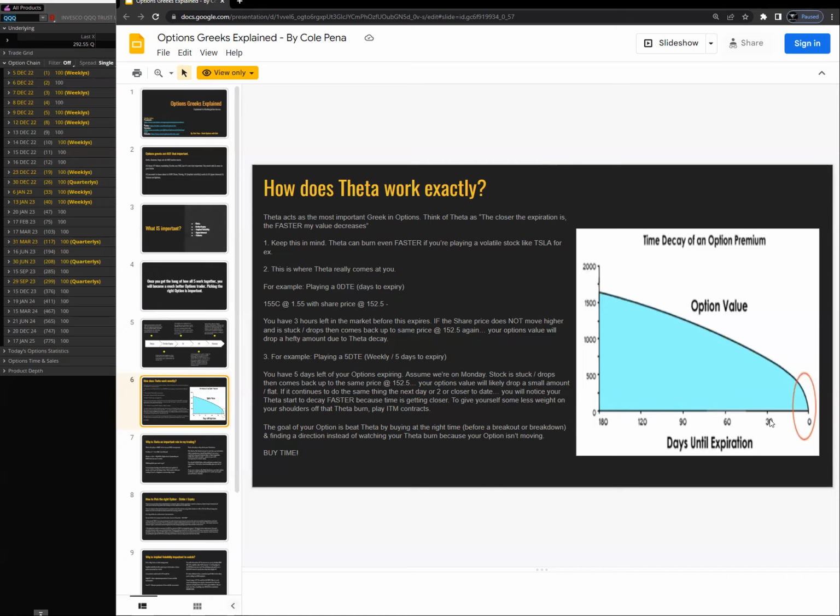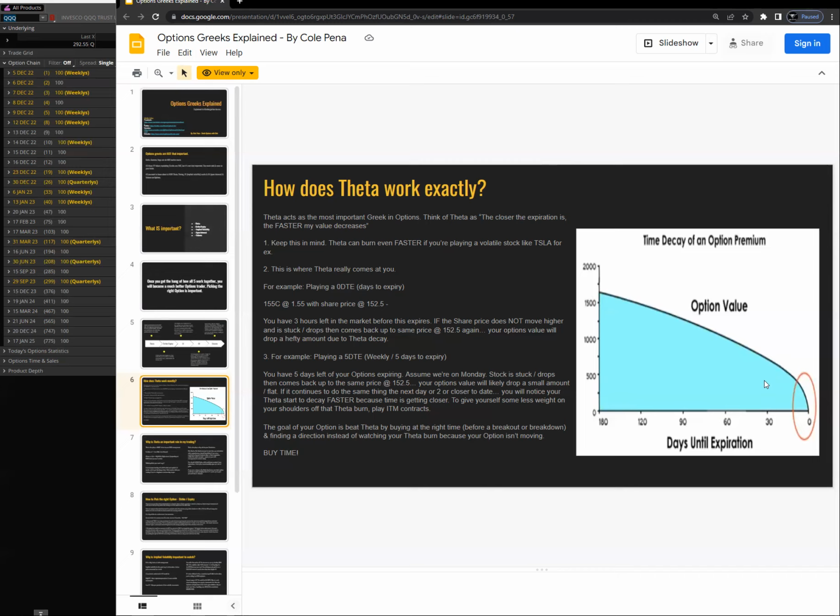Let's just say this is 5 days, 10 days, 15 days, 20, and 25 or 30. Option value right here, we'll just pretend that's $500, $1,000, $1,500, and $2,000. Now, let's say right here we bought 5 days out. We're gonna go up right here, and this will be where our option will be.